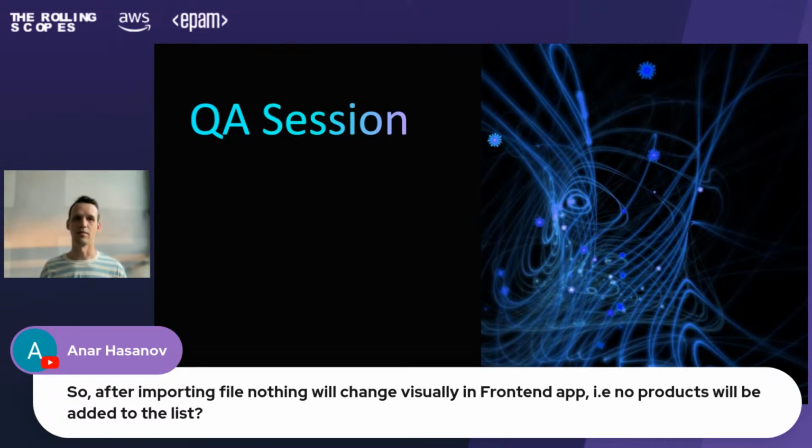But we would take care of the Lambda functions, not just to process the data, but to put this data inside the DynamoDB to make it visible at the front end side of the application. So this is how it works inside production environments.